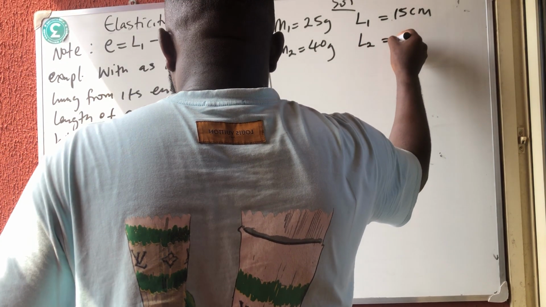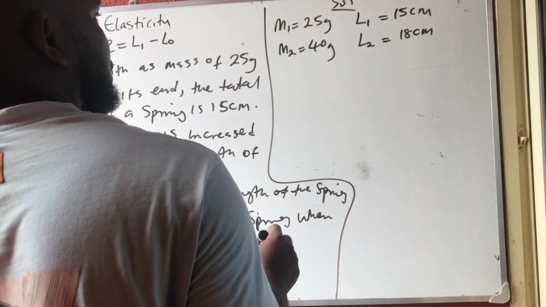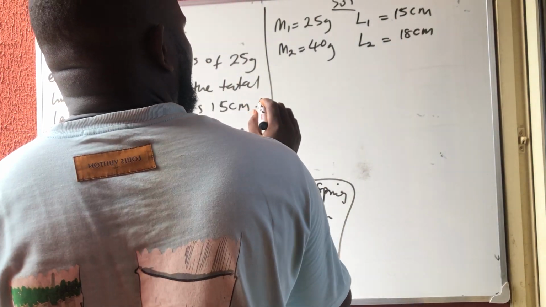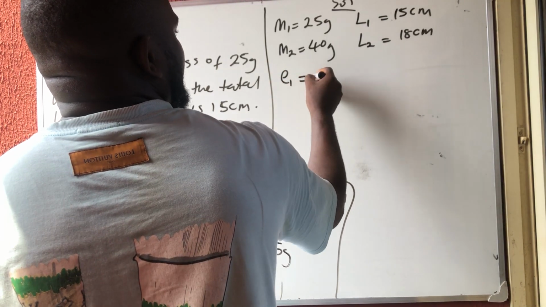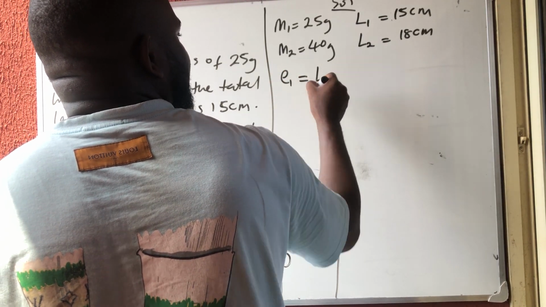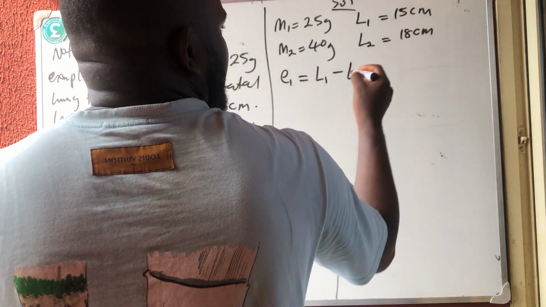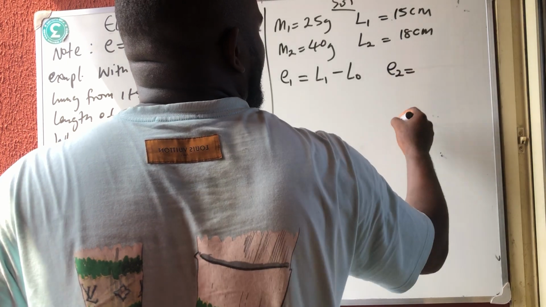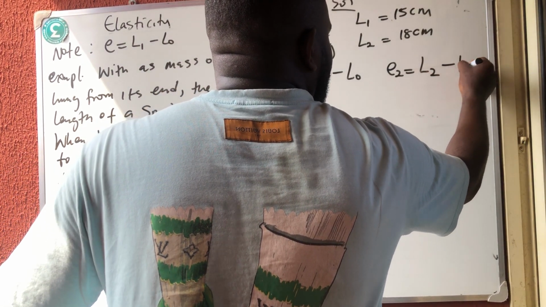L2 becomes 18 cm. But we know that what we are working with is extension, and extension 1 is equal to total length 1 minus the original length. Extension 2 means total length 2 minus the original length again.